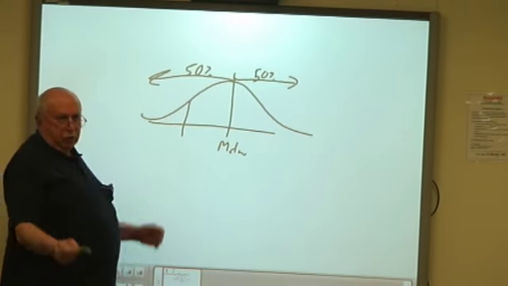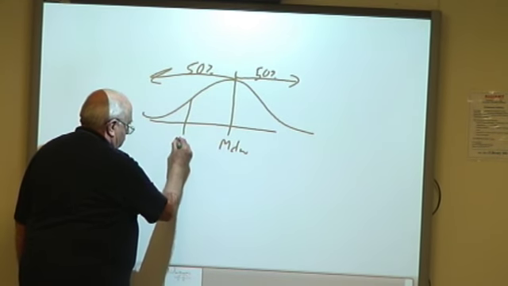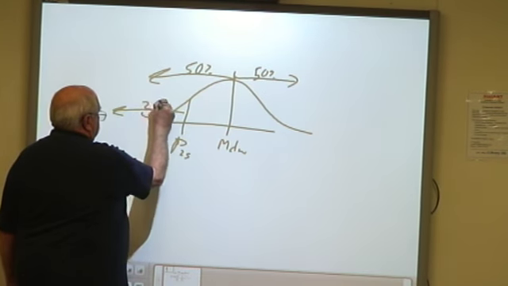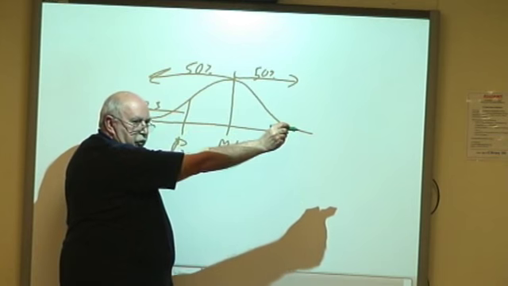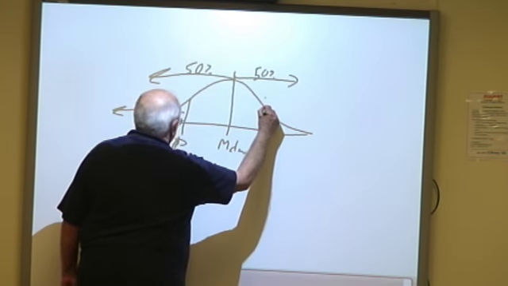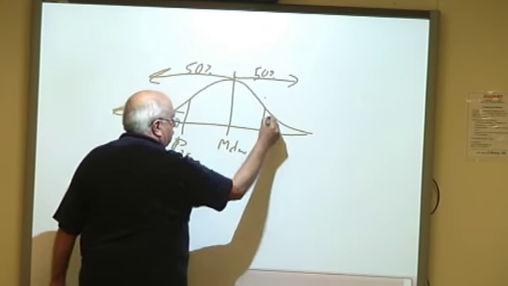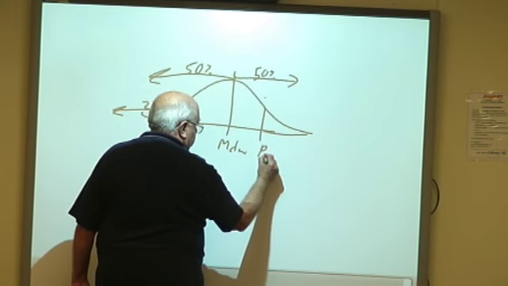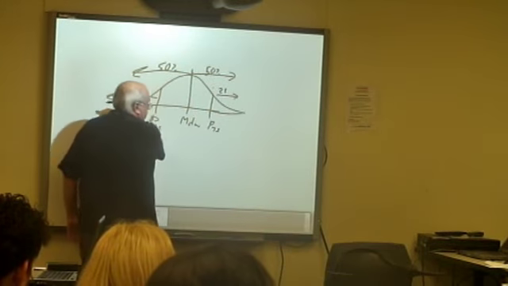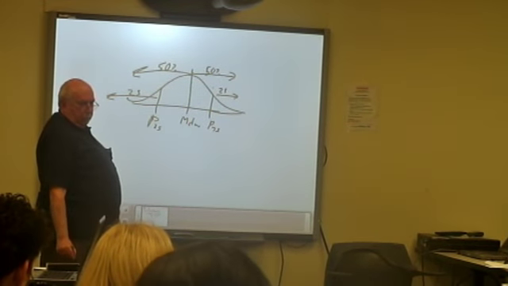It's called P25: 25% below, 75% above. Another one over here, P75: 25% above, 75% below. All right?